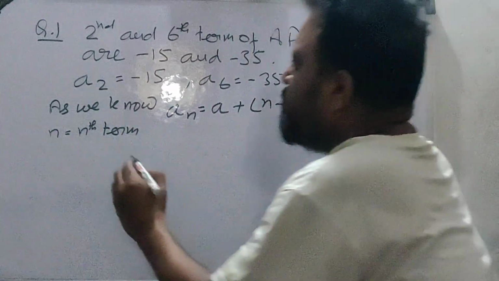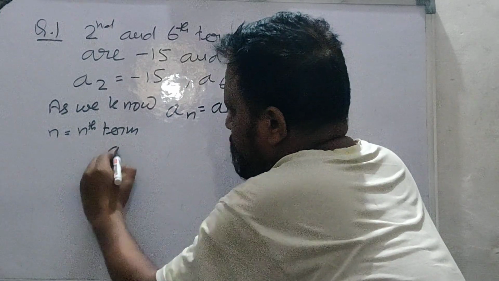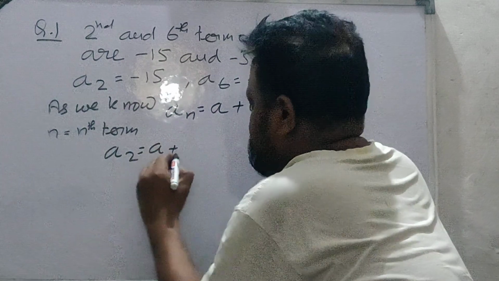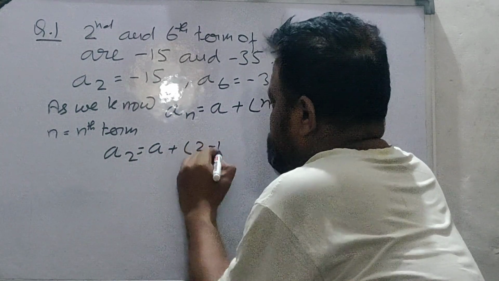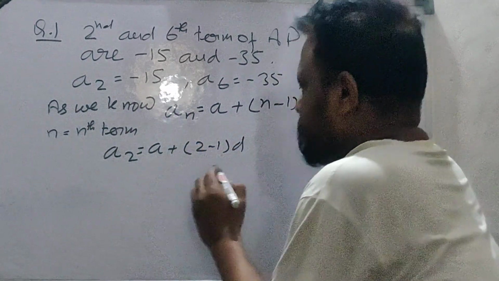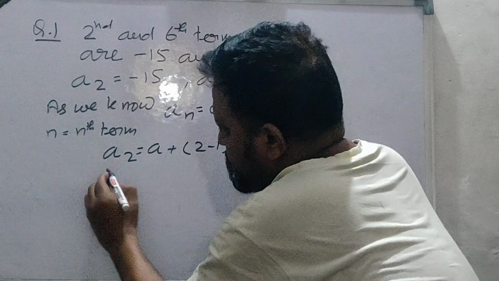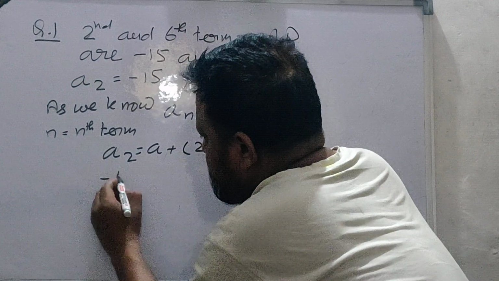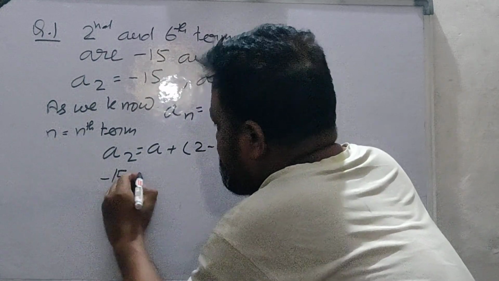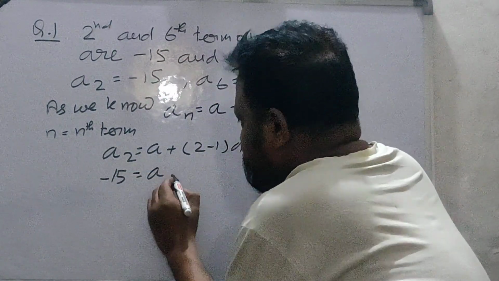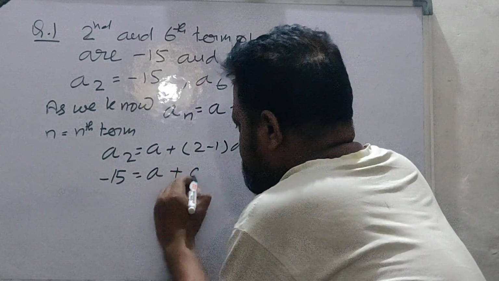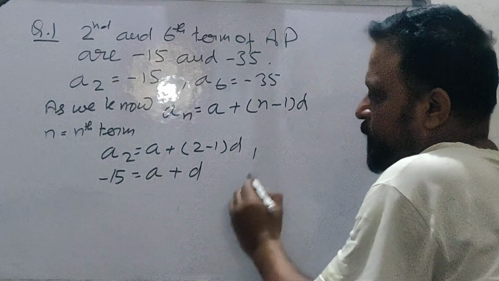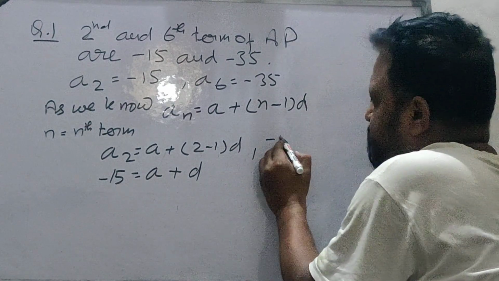So A2 is equal to A plus (2 minus 1) into D. So it becomes minus 15 is equal to A plus D, right?